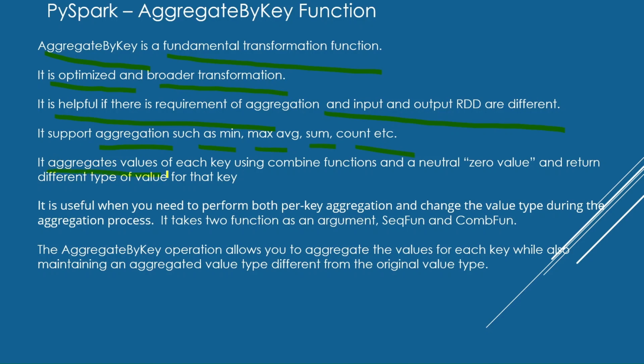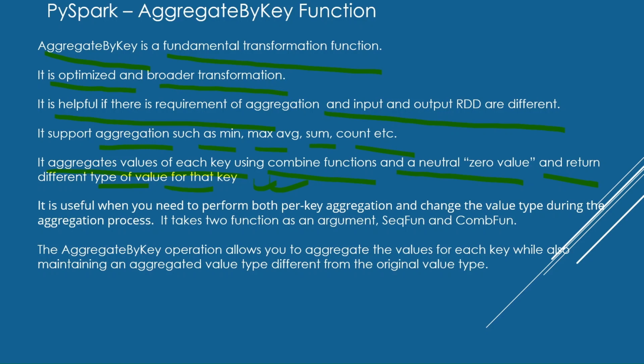It aggregates the value of each key using a combine function and a neutral zero value, and returns a different type of value for that key. So let's discuss this point in detail. Why are we using aggregate by key? We use it if you want to do aggregation of values for each key.